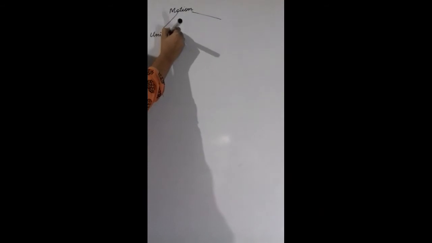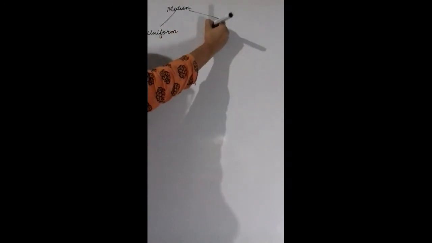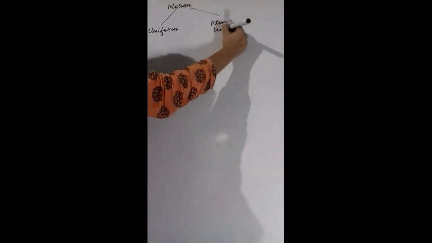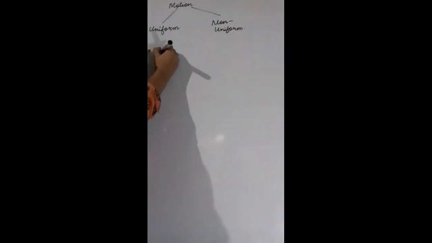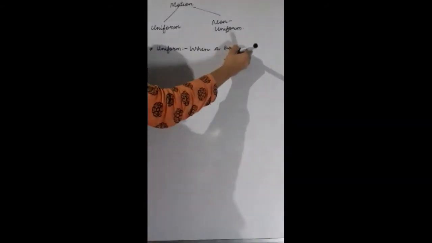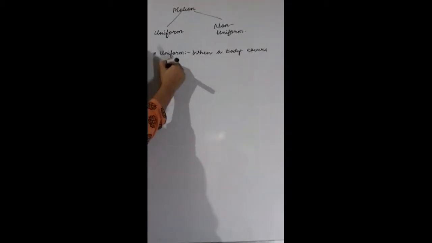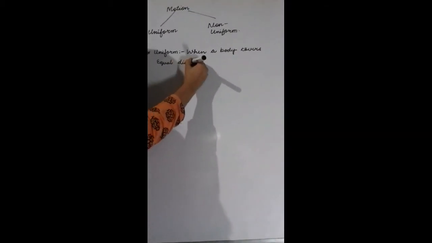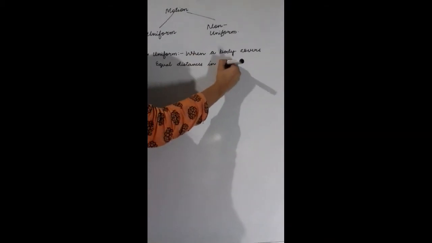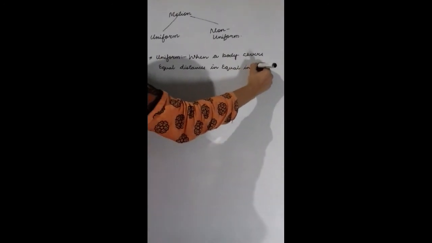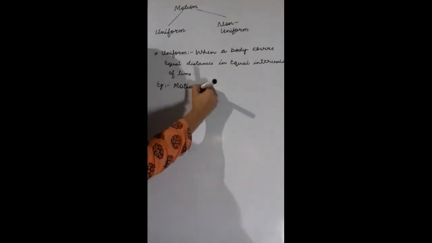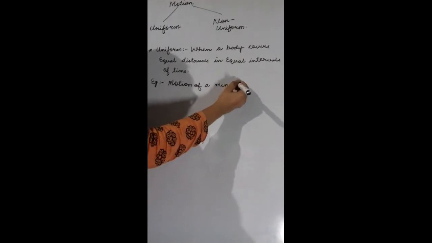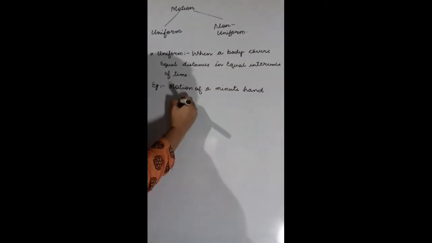Now, motion is of two types. First is uniform motion, other is non-uniform motion. What is uniform motion? When a body travels or covers equal distances in equal intervals of time, then the motion is said to be uniform motion. For example, the motion of a minute hand in a clock.